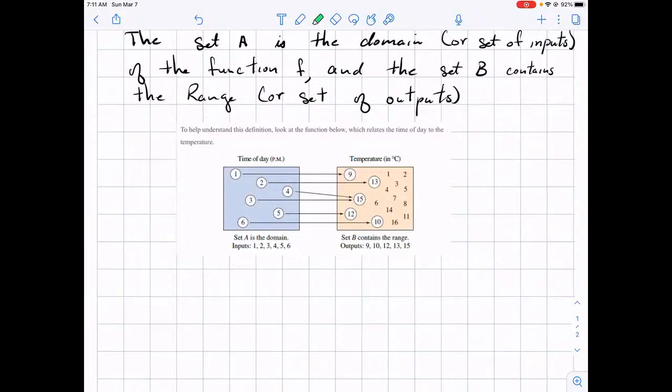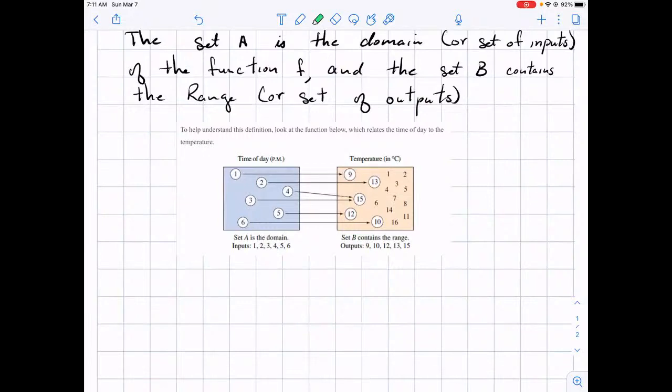At 4 p.m., it is 15 degrees Celsius. At 3 p.m., it's also 15 degrees Celsius. So here we see that two different values can be mapped into set B.